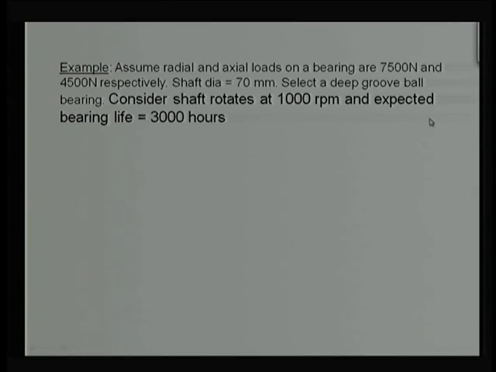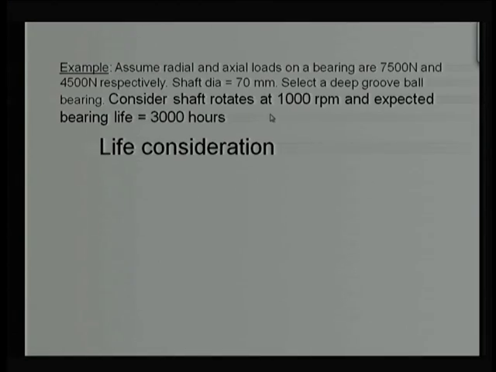In this case, this question has been added with 1000 RPM as the rotating speed of the shaft, and the expected bearing life is 3000 hours. We require the bearing to survive without any pit on the surface for a minimum of 3000 hours with 90% reliability. Of course, if the reliability increases, naturally we have to count a parameter A1, which was discussed in the previous lecture.